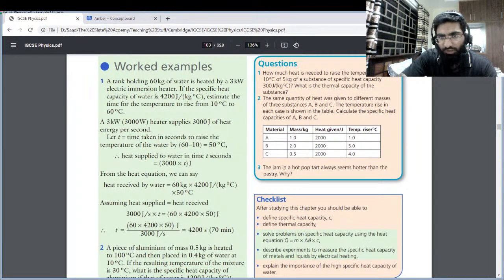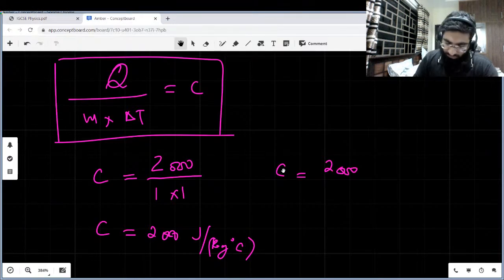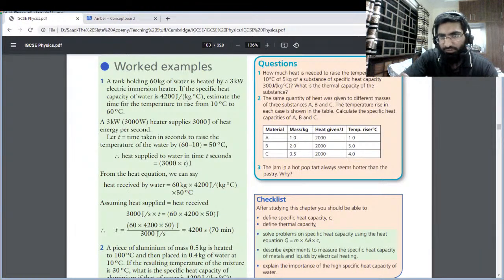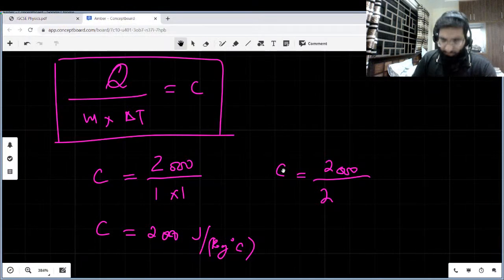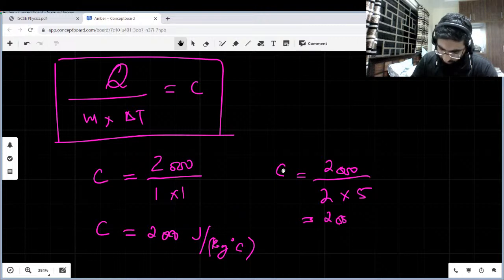So M for substance 2 is 2 kg, and delta T, the temperature rises by 5 degrees centigrade. So 2000 divided by 10 will be 200 joules per kilogram degree centigrade.